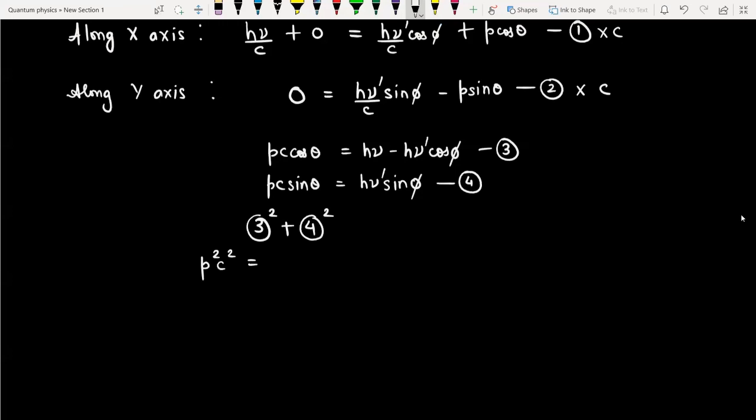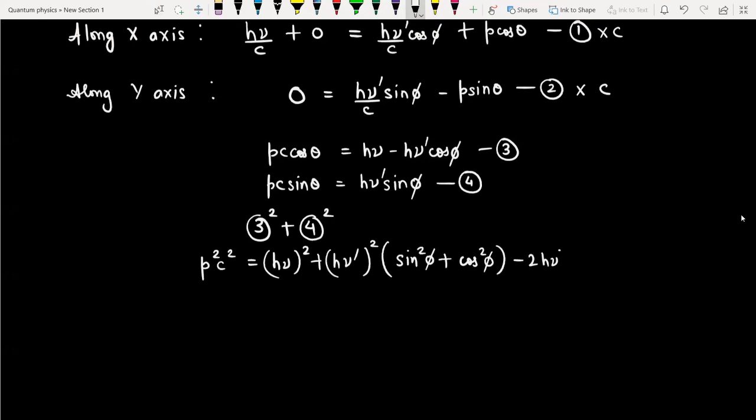So what we get is p square c square. Obviously we'll get h mu whole square, and you must have understood that when we square this term, you have h mu square and then you'll have h mu prime cos phi whole square, and from this you get h mu prime sin phi whole square. So we get h mu prime whole square along with sin square phi plus cos square phi, and you'll also get a minus 2ab term from here.